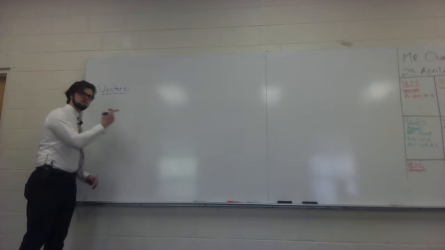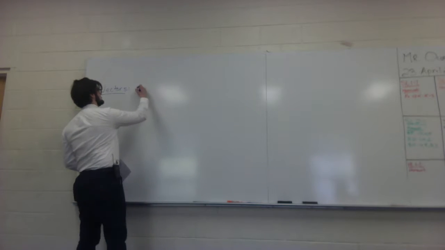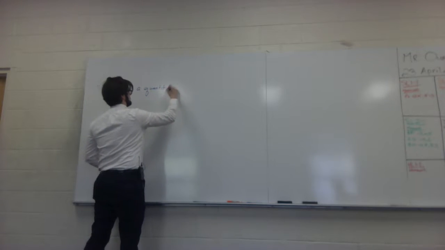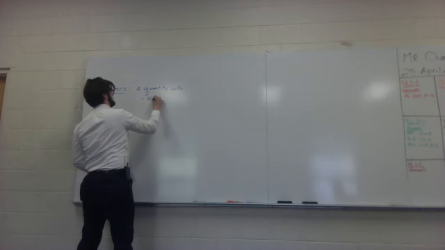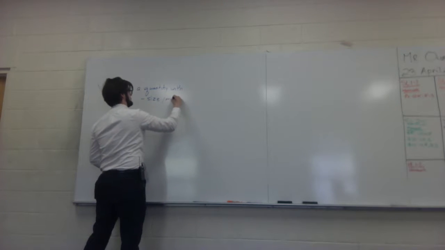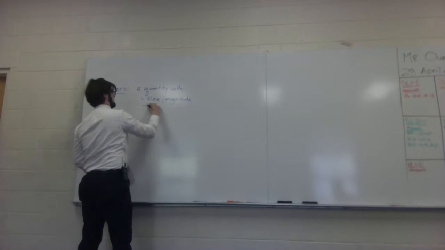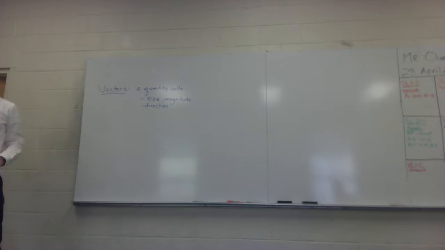So first things first, what's a vector? Aaron: A vector is a quantity that has size and direction. Good. Size, you put parentheses and magnitude. Do you want an example? No, thank you. Displacement and velocity.